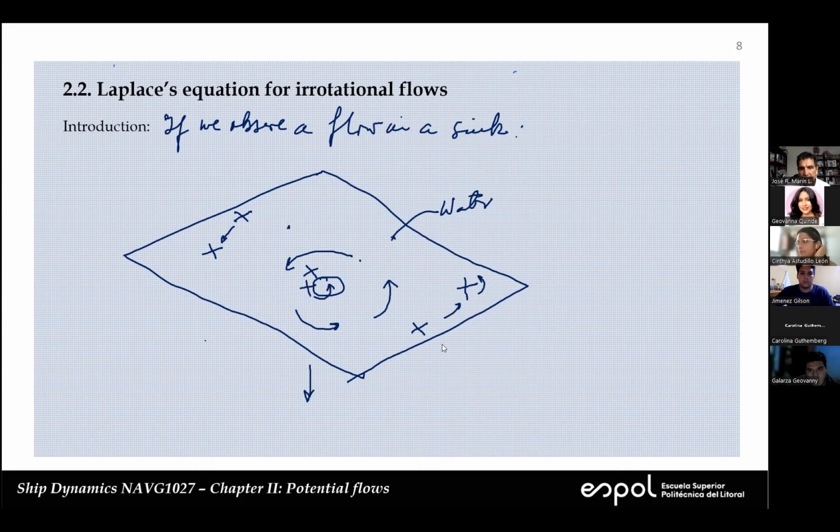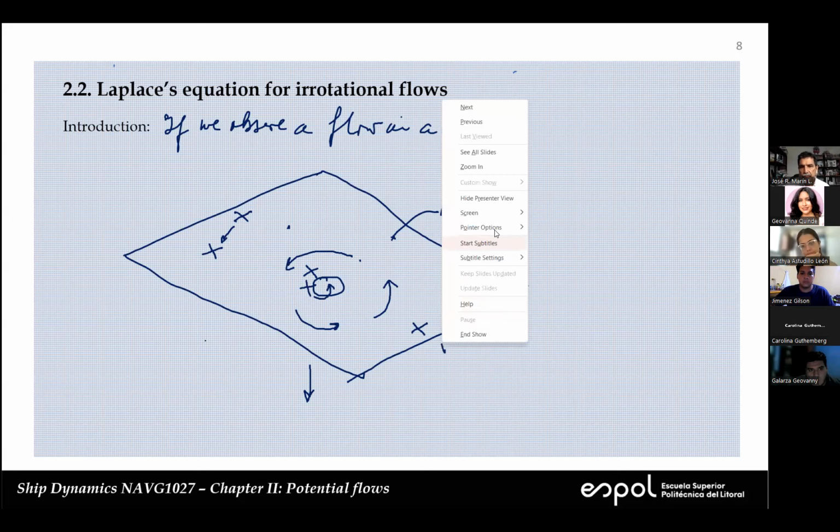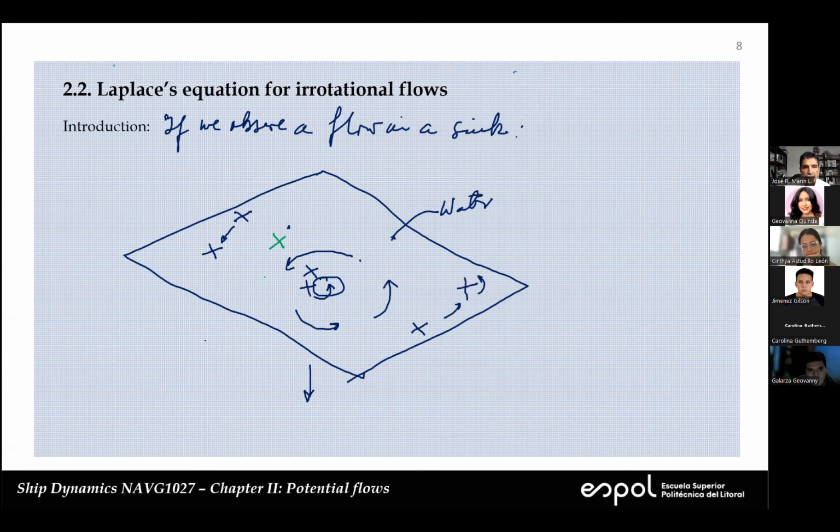In this area, let me change color, you put one of these objects, like this one here, and as they move, they keep without rotation, mostly.